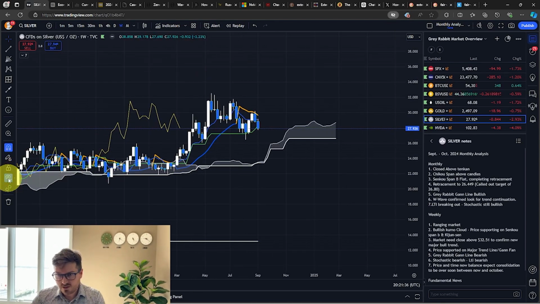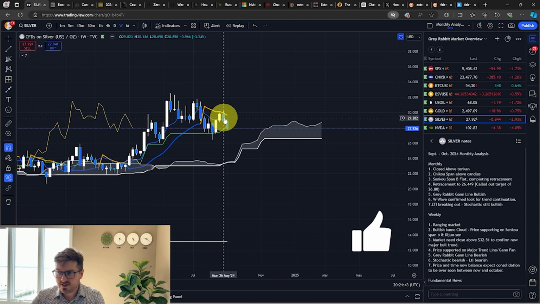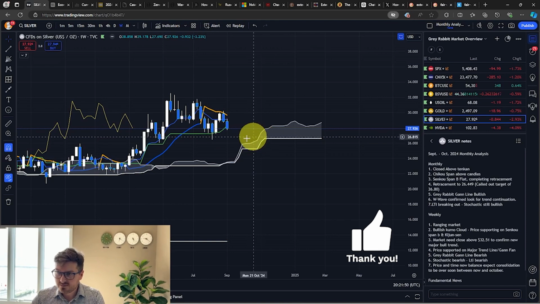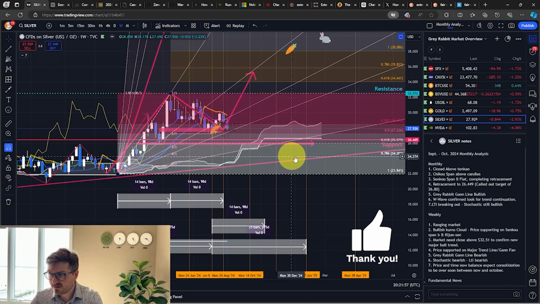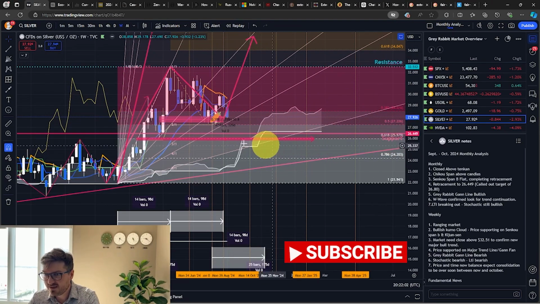Now, one thing to note is that in terms of this price action, we do have a higher low here, but we could get a double bottom here at this $26.48 level. So I'm going to be looking for a double bottom and possibly even a wick down into this really thin box here. This is on the 0.618 Fibonacci retracement level, and you can see that we have a fair value gap here.